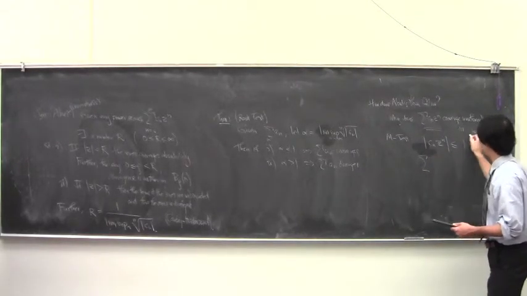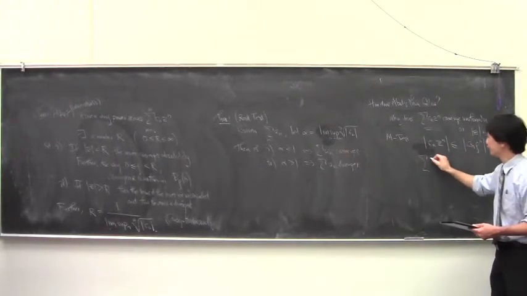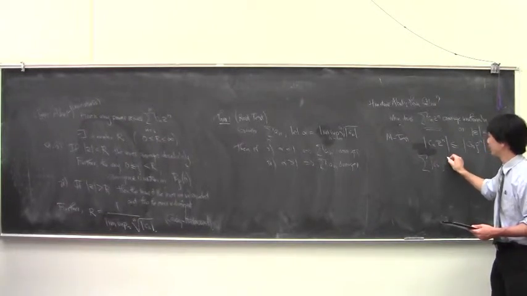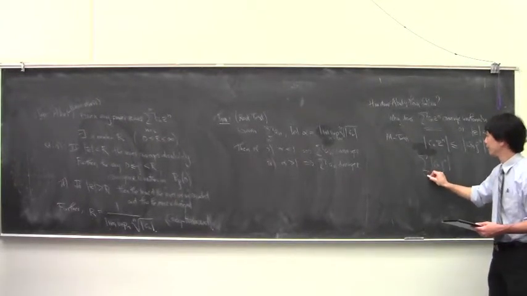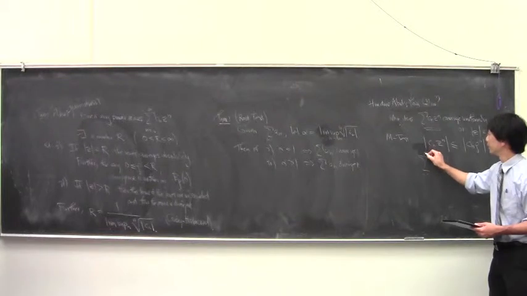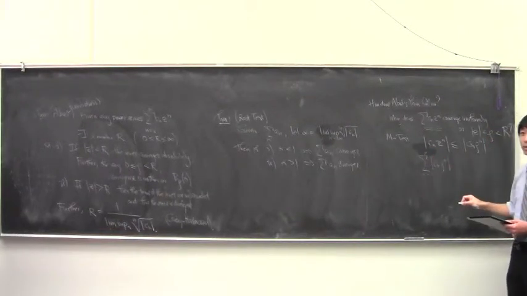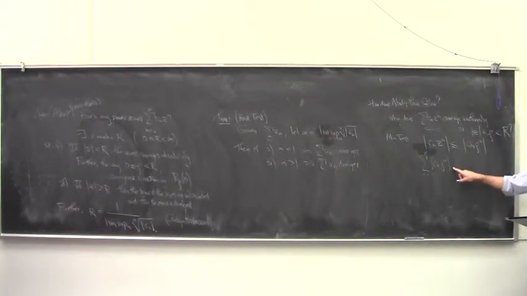We need to find some upper bounds such that the sum of them converges, right? Such that this converges. But this converges. Why does this converge? Because it's less than R.